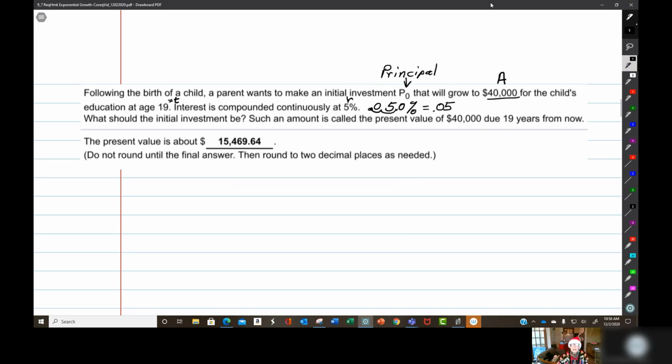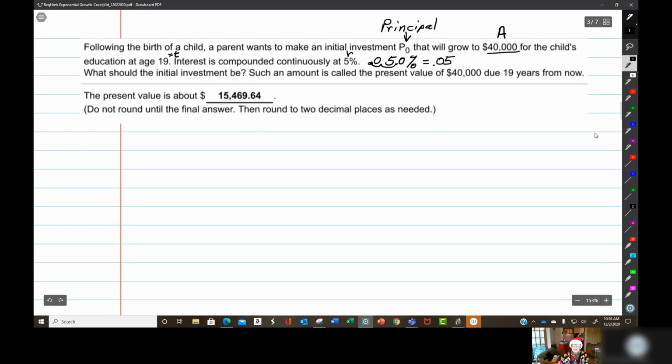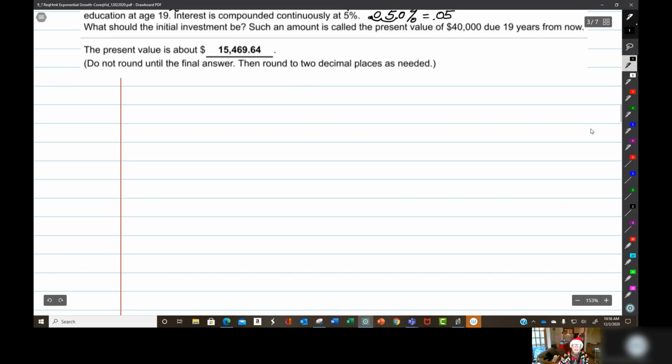All right, so let's get this started. Now they're calling the P, instead of just P, P0 now. Okay, fine. P0 times e to the RT. This is the general formula for all continuously compounded interest.